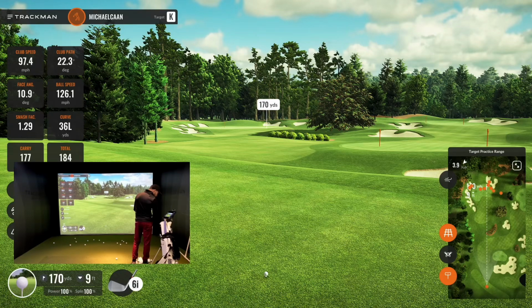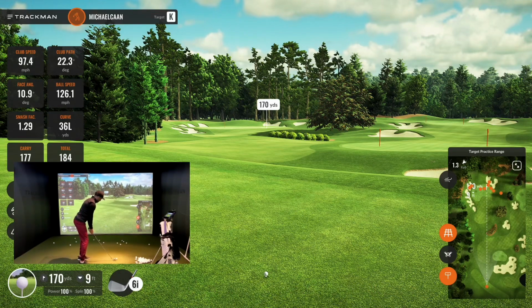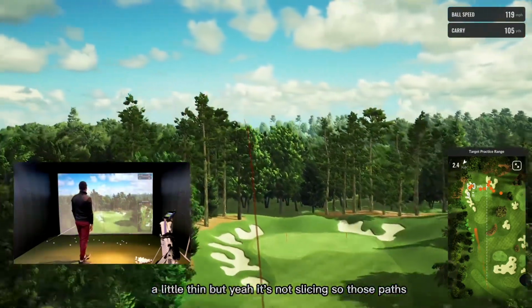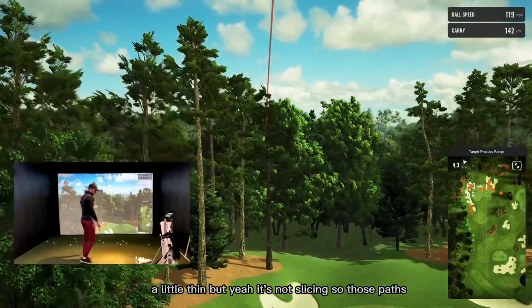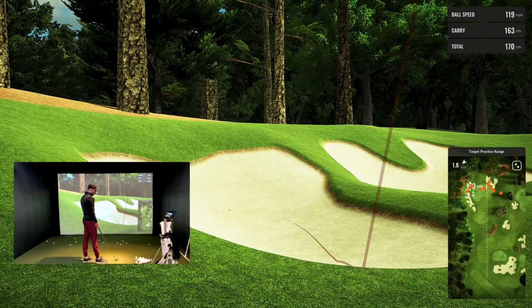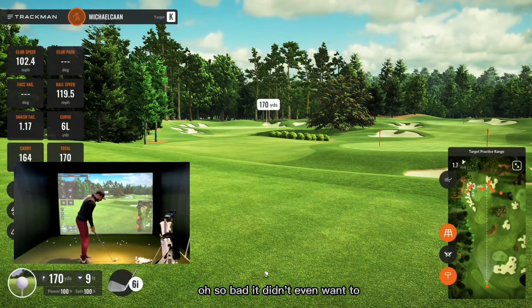Huge slice with a 7-iron. It's going to be hard to rip slice a 7-iron, but I can try. A little thin, but it's not slicing. So the path and face angle will be very similar, probably both like 10 degrees left. Oh, it's so bad, didn't even want to view it. Let's try again.